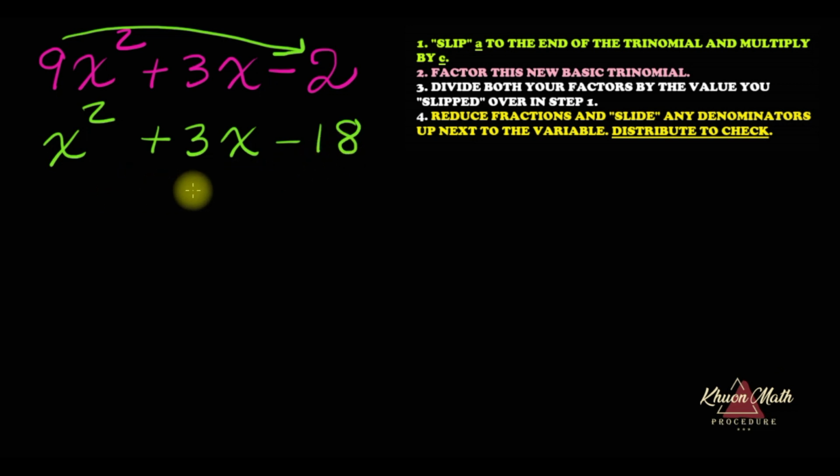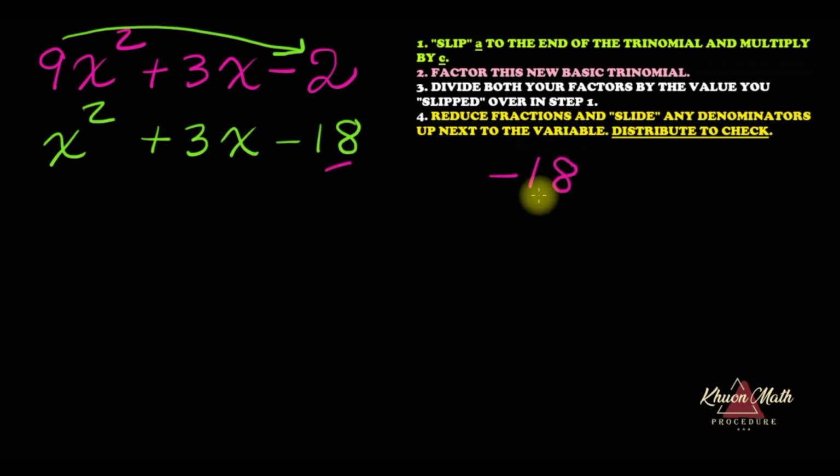So we're going to factor this basic trinomial. So first thing we have to do is to bring in the c. Well, we have to identify what c is. What is c? Well, c is negative 18. Because here's your c. It's negative 18.